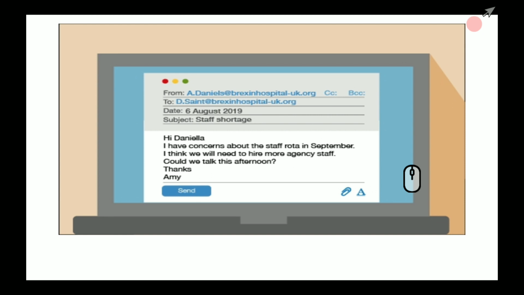It can be a very small email also, with the salutation and the end where you can write your name. So this is a very simple example. They're discussing staff rota. This is something about hiring people, agency. You can see how it is written.